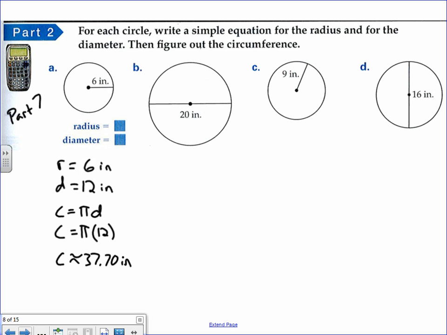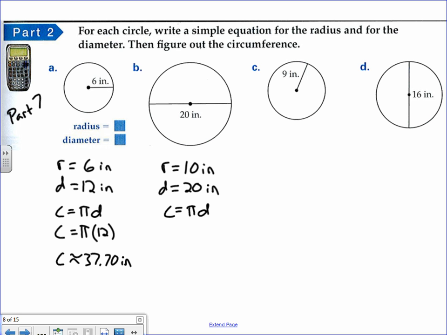All right, for B, this time my radius is not given, but my diameter is. Remember, diameter goes all the way across the circle through the center. So I know my diameter is 20, and I know my radius is half of that. So my radius is 10 inches. Half of 20 is 10. Again, we have to find the circumference.